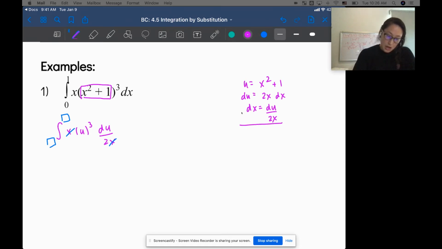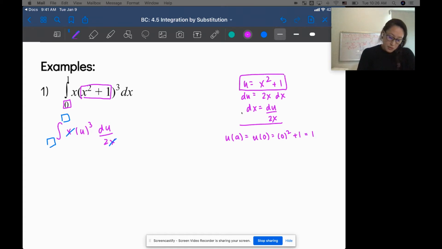So to change the bounds, let's do the lower bound first. We do u of a. So a is equal to 0, right here, our lower bound. So u of 0 would equal 0 squared, we use this equation right here, plus 1.